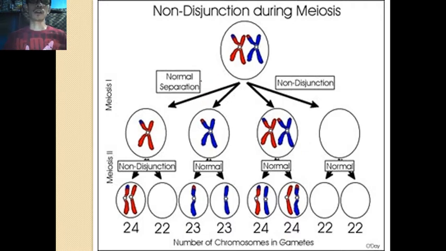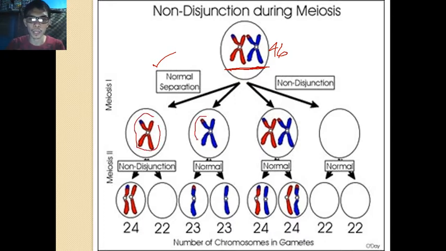So this is what non-disjunction looks like, happening during meiosis. We will start with a normal chromosome set, with a total number of 46 over here. If the two chromosomes separate normally, the way they should, we have the red one and the blue chromosome.